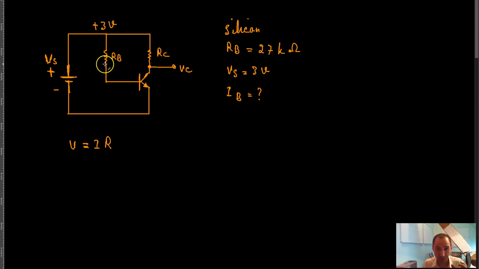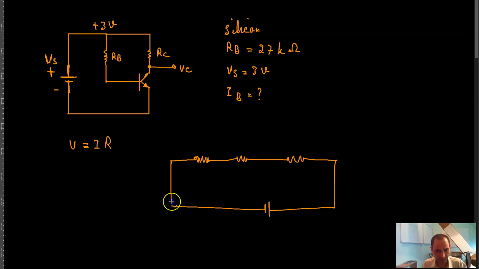In a series circuit, basically the sum of the voltage drops across the different components equals the supply voltage. For example, suppose you have a resistor over here, a resistor over here, and a resistor over here, and they are all connected to a power supply.